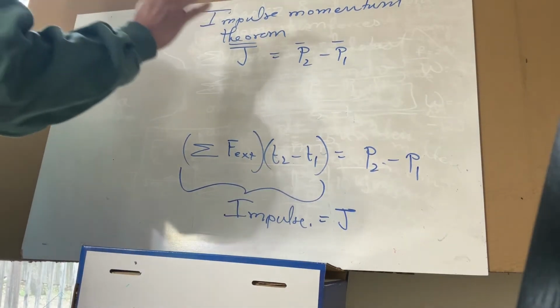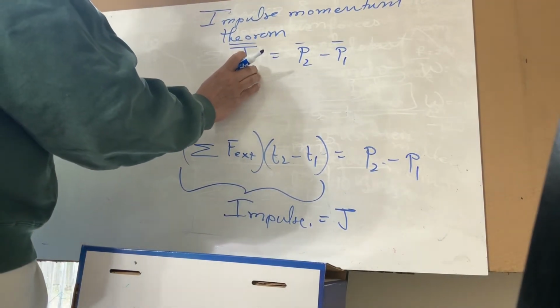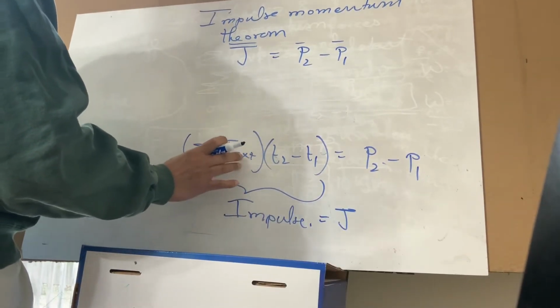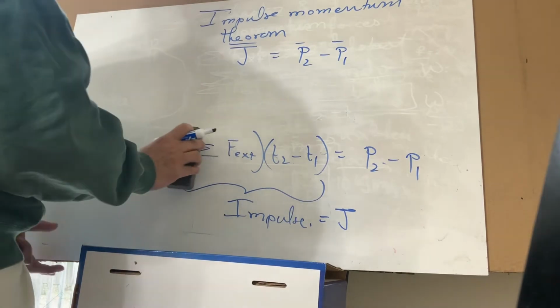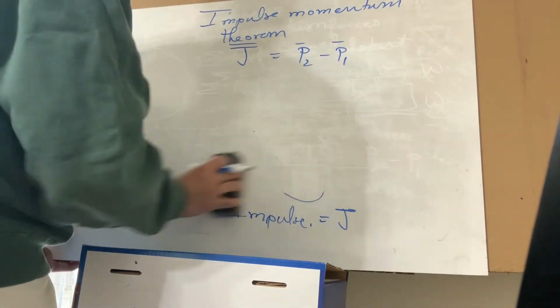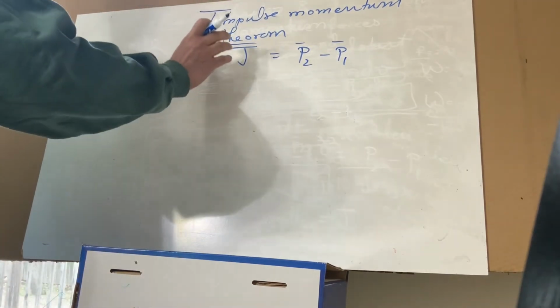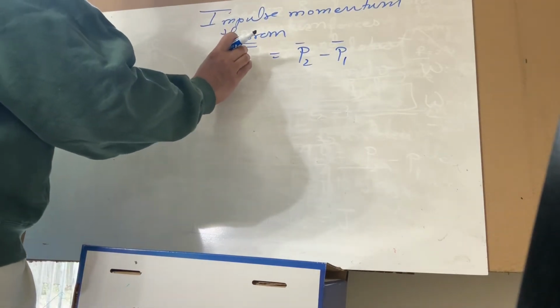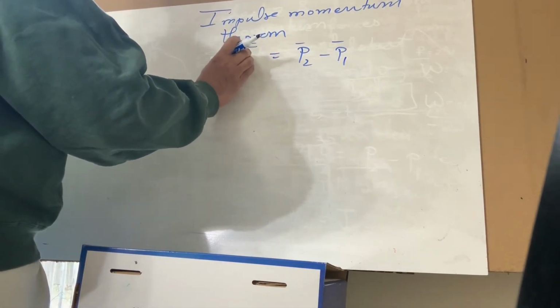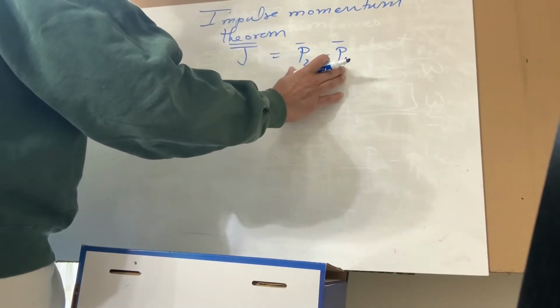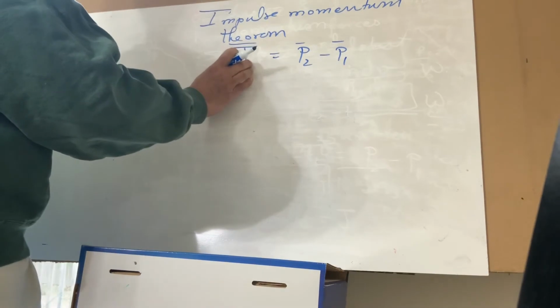Now, I made this a constant. If this quantity is not a constant, I can write it this way. The impulse momentum theorem: the total impulse, that's the force and how long the force lasts, changes the momentum. This is also true if the force was not a constant.